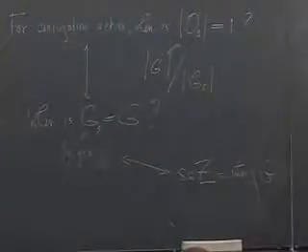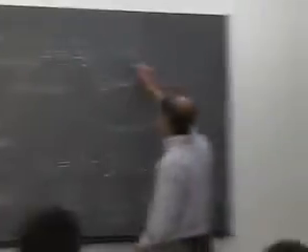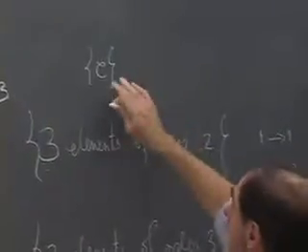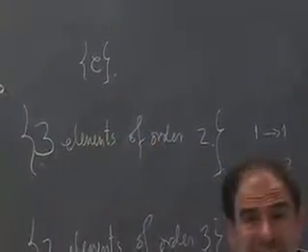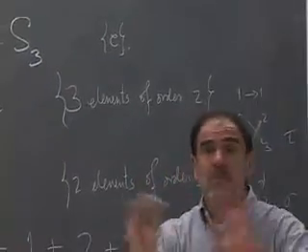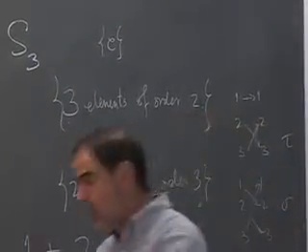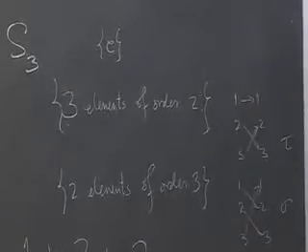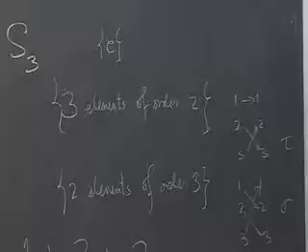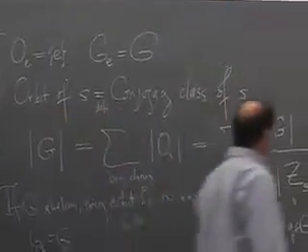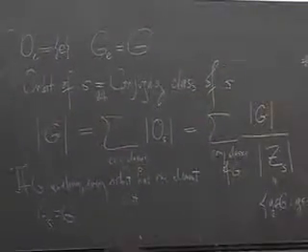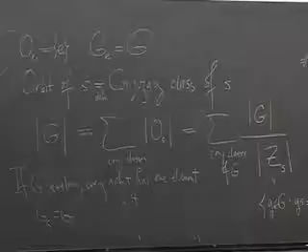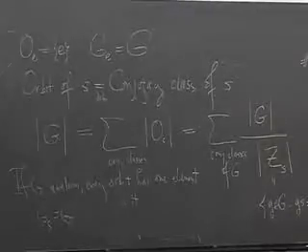So here, we only had one such element, because in the symmetric group, if you're not the identity element, you're not in the center. We're going to prove that later too. There's no center of the symmetric group except the identity element once n is at least 3. But I'm going to prove to you an amazing thing that you get out of this little formula here, which is that if the order of your group is a prime power, it has a non-trivial center.